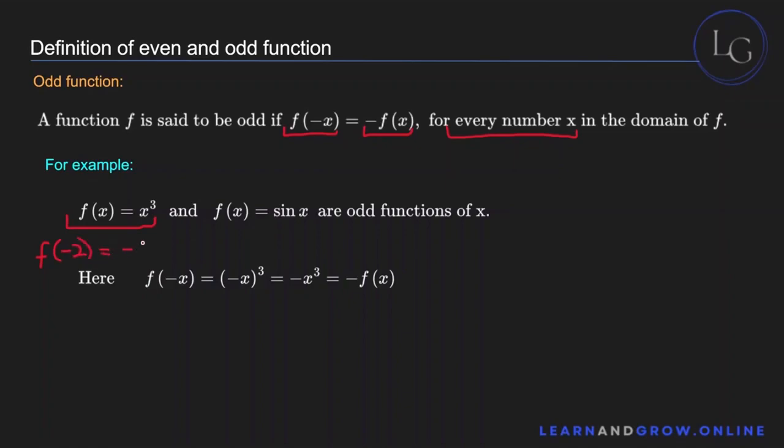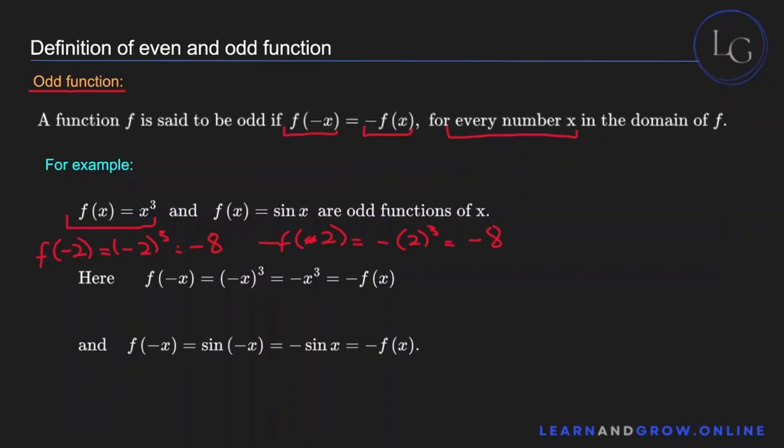What's that equal to? That's equal to negative 2 to the power 3, and that is equal to negative 8. What if you plug in f of positive 2 and you plug in a negative sign before it? Well, that becomes negative of 2 to the power 3. That's equal to negative 8 as well. And this remains true for the entire domain, for any real number. Hence, f of x is equal to x cubed is an odd function.